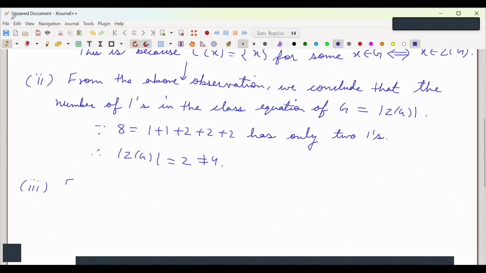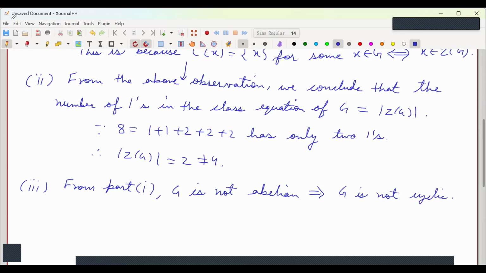Very good. So from part one, G is not abelian, which implies definitely G is not cyclic.